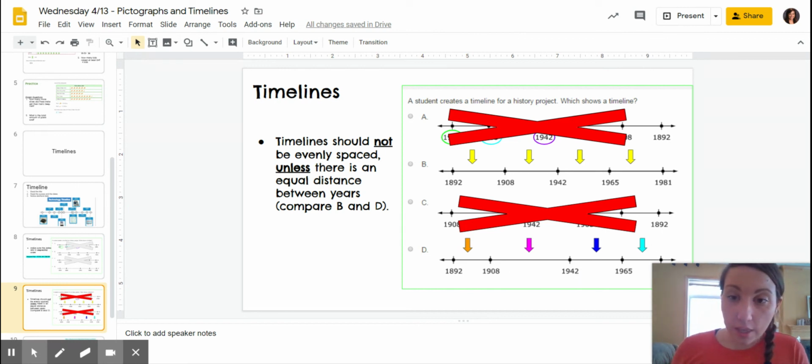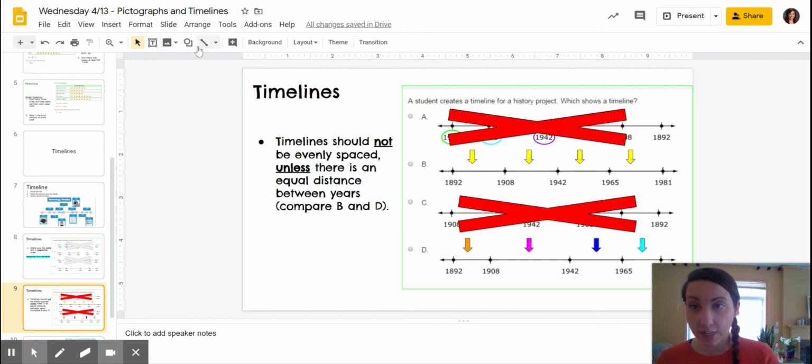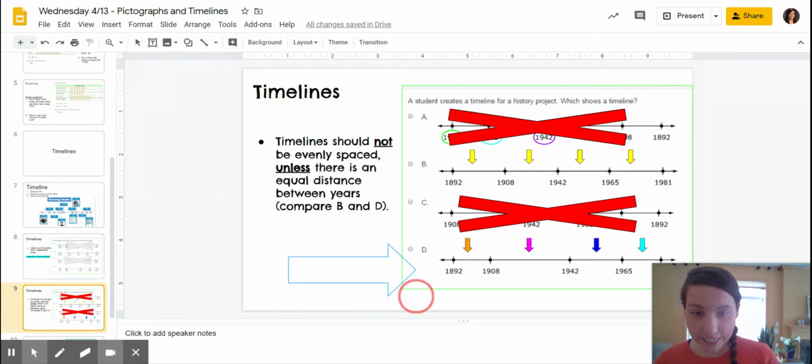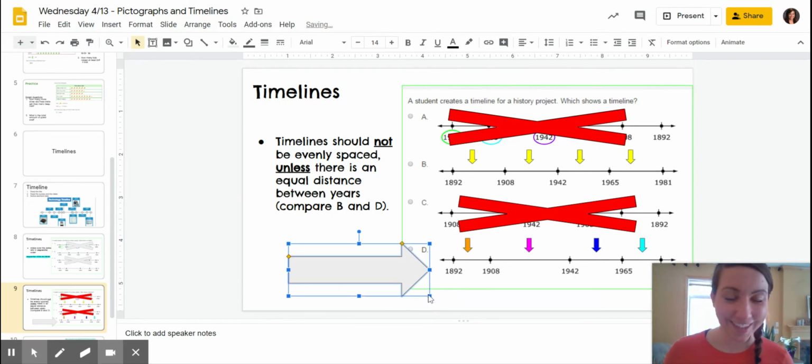So, timelines should not be spaced evenly. They should have the correct amount of space between them. Remember, more time, bigger space, less time, less space. And so the correct answer, 4th grade, is letter D. That was timelines and pictographs.